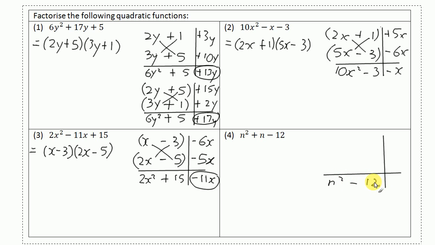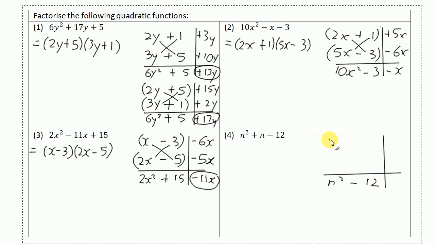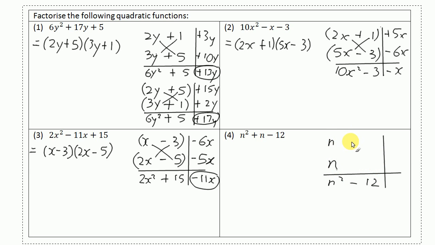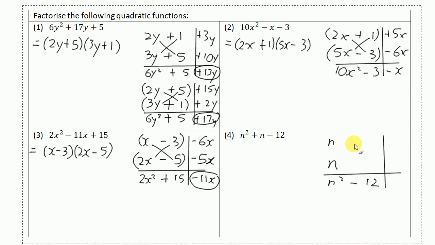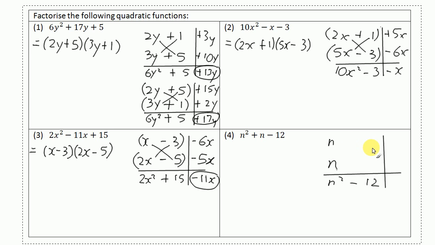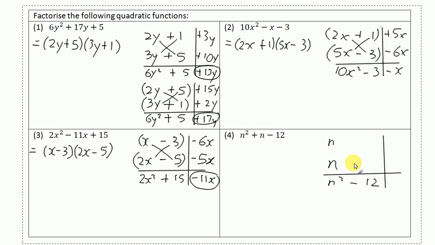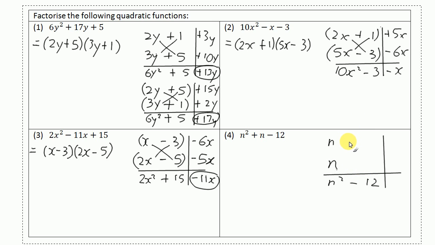N squared, of course, is n multiplied by n, and negative 12 can be plus 4 multiplied by negative 3, or it can be negative 3 on top and plus 4 below, or it can be negative 4 times positive 3. So let's try negative 4 and positive 3.